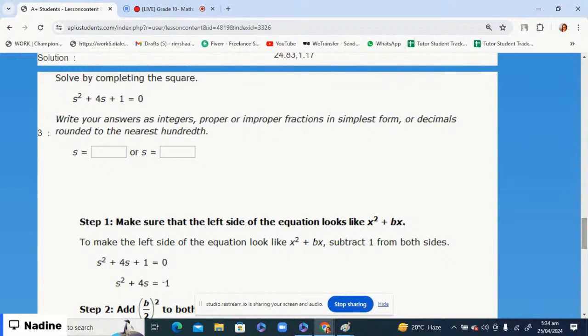Once this equation becomes x square plus bx, then we just see the value of b.